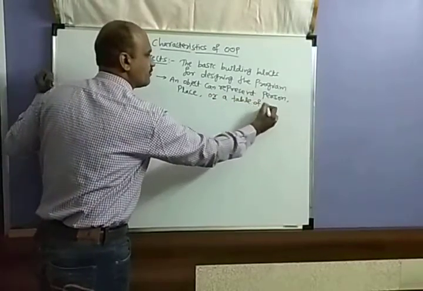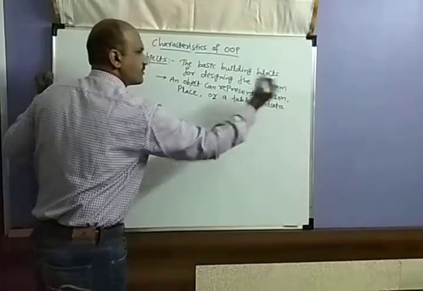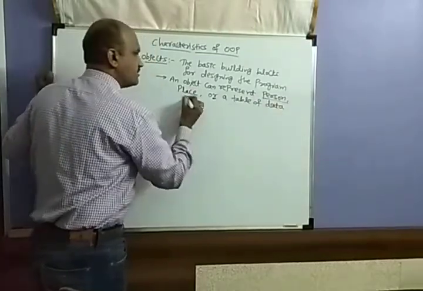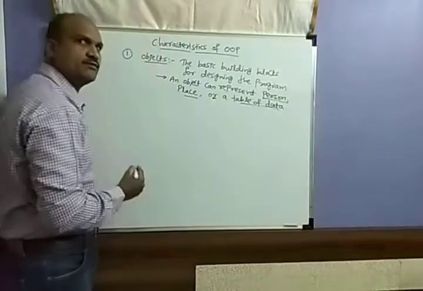That is called an object. It may be any person, place, or table of data.